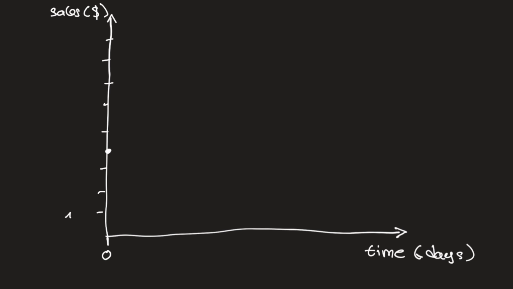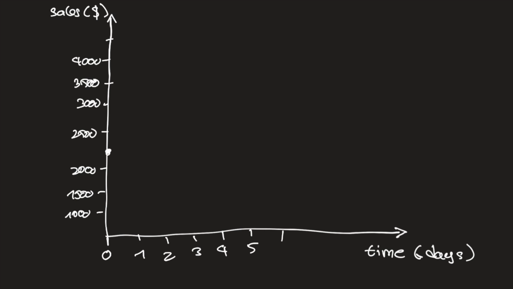And say we have 1,000, 1,500, 2,000, 3,000, 4,000. You get the idea. And at the first day of the campaign, we start here, and then we keep adding days. So this is the first day, this is the second day, third day, fourth day, fifth day, and so on.